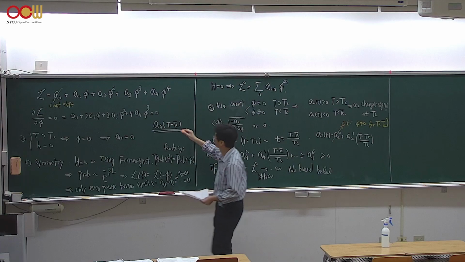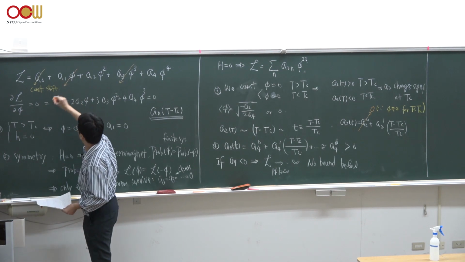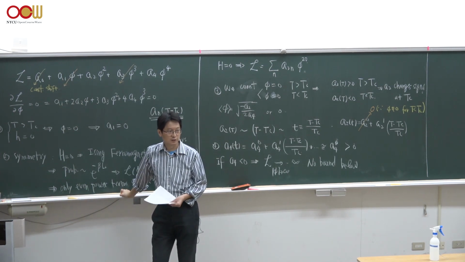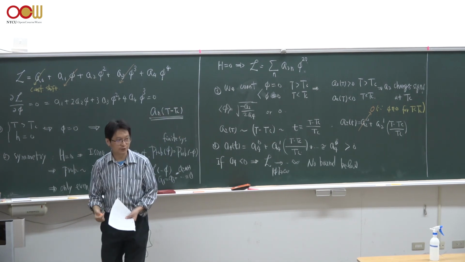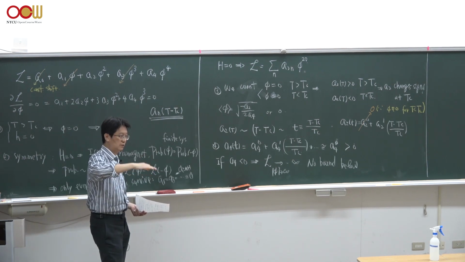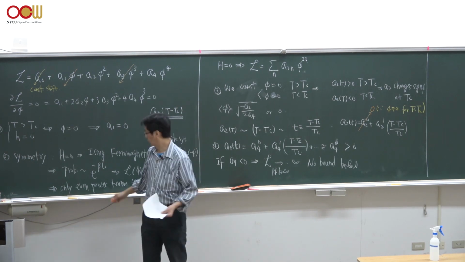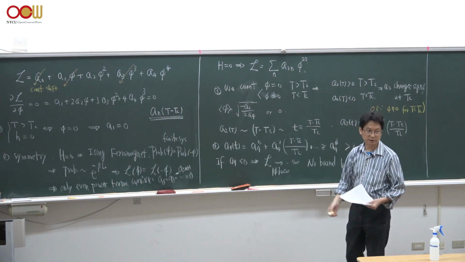Okay, so we get rid of the cubic terms and linear terms, and we can also get rid of the constant shift A0 term, because this Landau free energy is some kind of a free energy. So A0 is a constant shift of that free energy, which doesn't play any role when we discuss order parameters and so on.